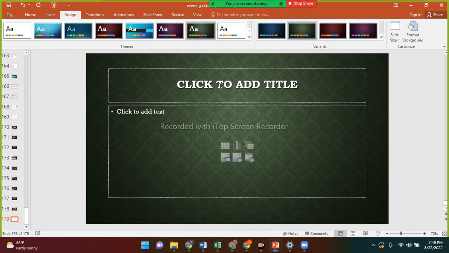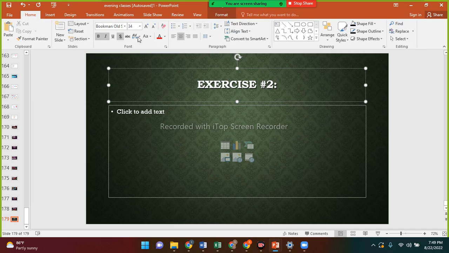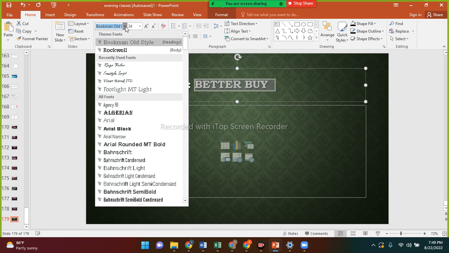Exercise number two. Better buy. So we're going to end off with this question. It's going to be our last question, and we're going to move over to the English side of town.